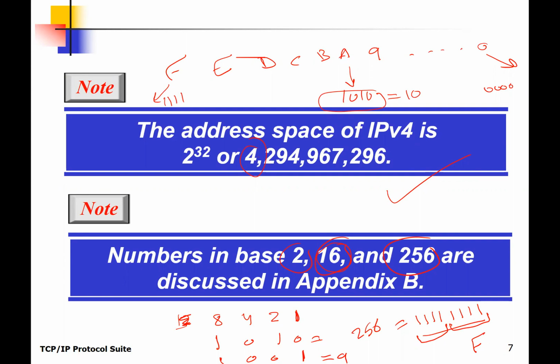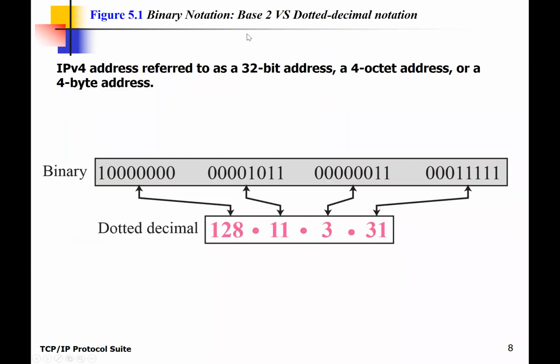So keep that in your mind. But in hexadecimal, A, B, C, D, E, F, which is equal to 10, 11, 12, 13, 14, and 15. All right. We'll see why I'm explaining that for you because we will use it now. Okay. All right. So the IPv4 address, how many bytes is it? 4.